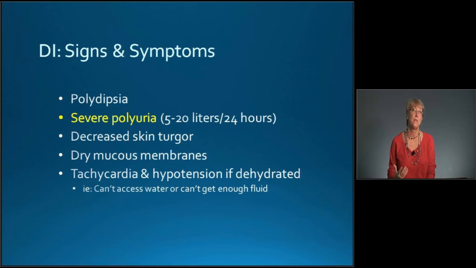Thirsty, thirsty, thirsty. They're going to have severe polyuria, meaning that they put out 5 to 20 liters of urine in a 24-hour period. So then you're going to see, when you assess them, signs of that dehydration through decreased skin turgor and dry mucous membranes. Of course, in their vital signs, you're going to notice that the heart rate's gone up and that blood pressure's dropped. Yeah, they just can't access water, and they can't get enough fluid.